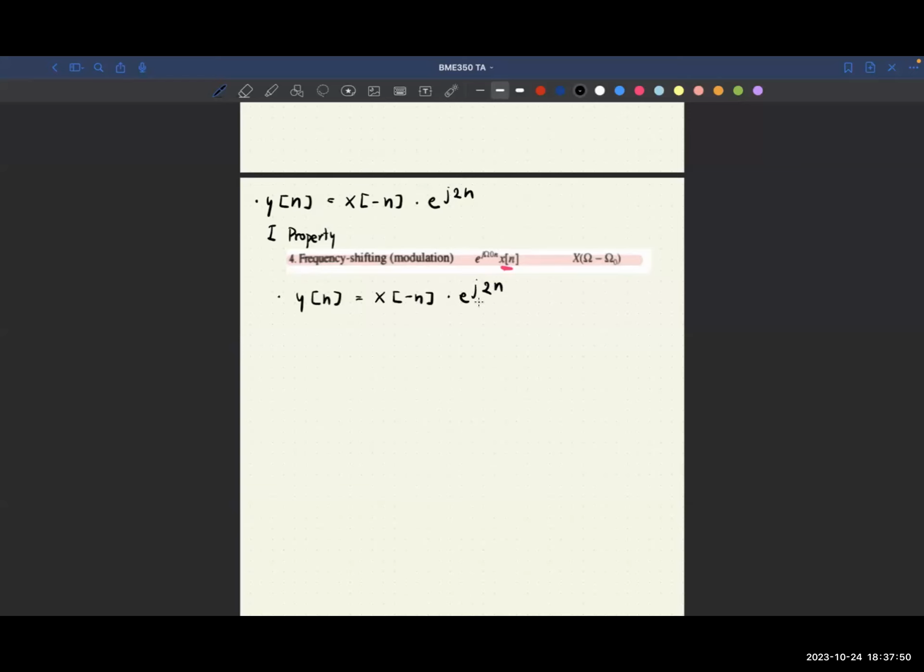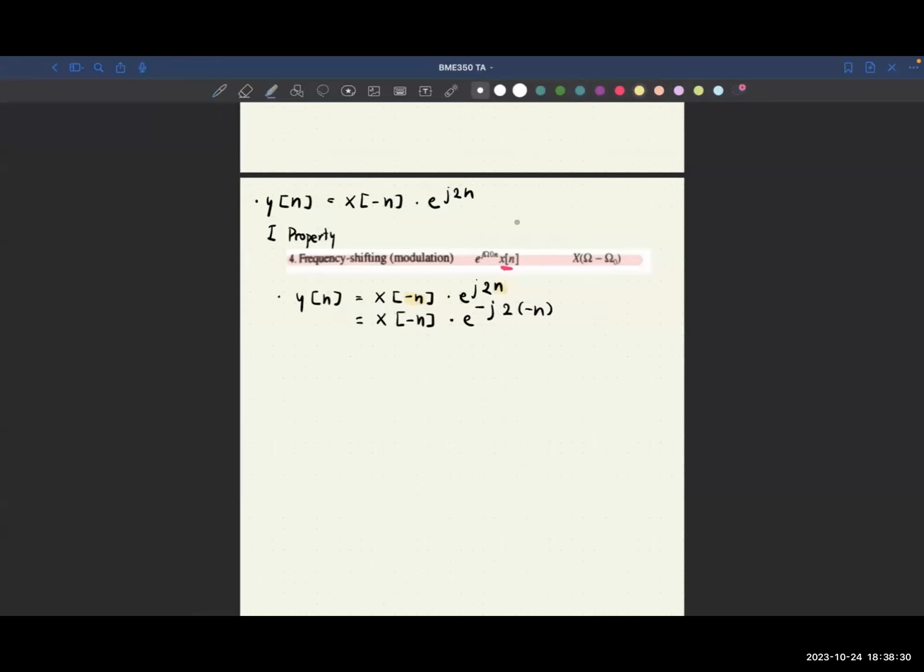Therefore, to make this easier in one equation, I want the n term to have the same sign. So I'm going to transform a little bit. I still keep x of negative n, but for this term, I pull the negative out of it, and I'll have e to the power of negative j times 2 times negative n.